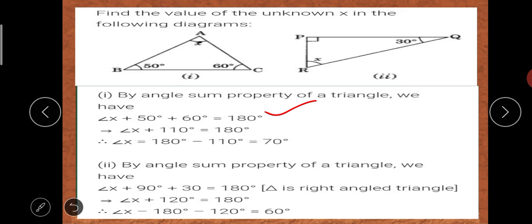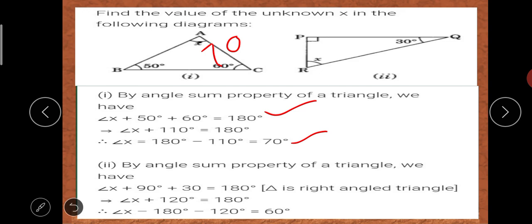So 180 minus 110, we get 70. So the value of x is 70. Now when we add 50 plus 60 plus 70, we find it is equal to 180. So remember the angle sum property of a triangle, which is equal to 180.